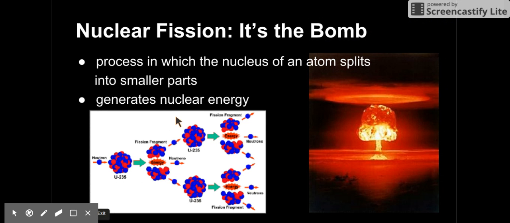To review, nuclear fission is where you have these large uranium atoms splitting up. This is what we use for nuclear energy in our nuclear power plants, and the atomic bomb, such as the one we dropped on Hiroshima and Nagasaki during World War II. Now, we have bigger bombs called hydrogen bombs, and these are actually fusion bombs.